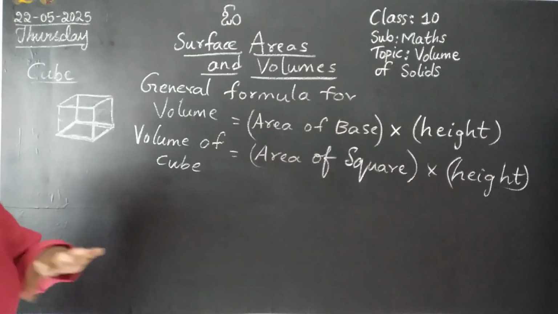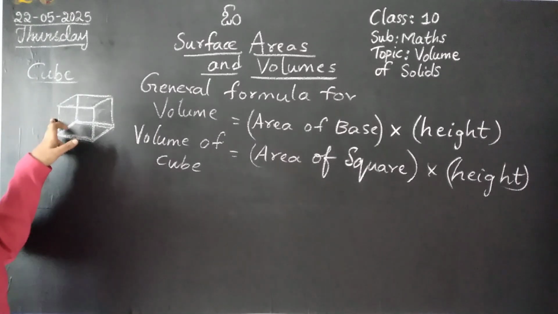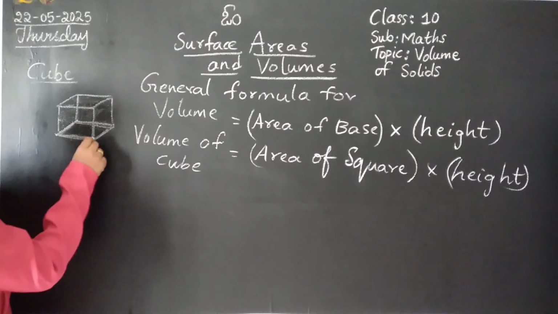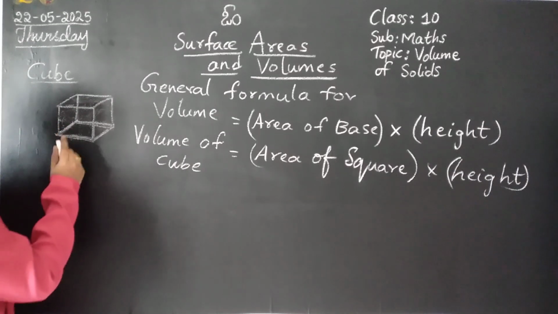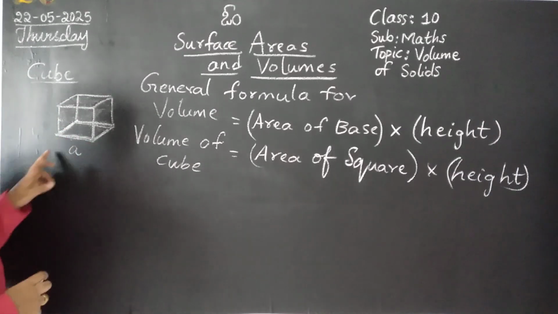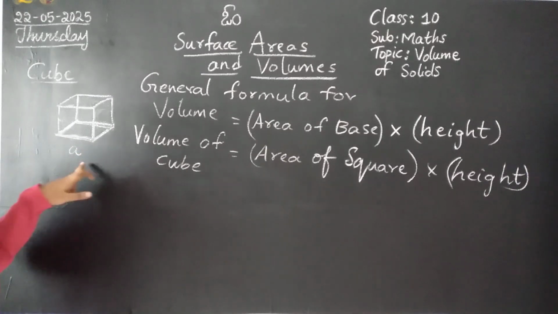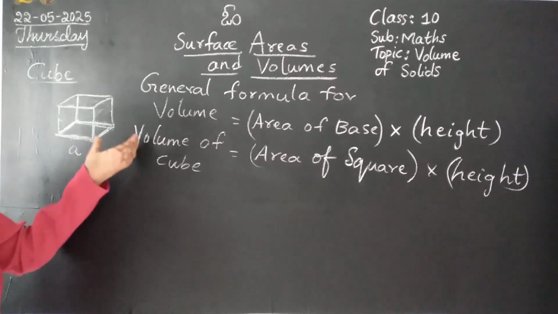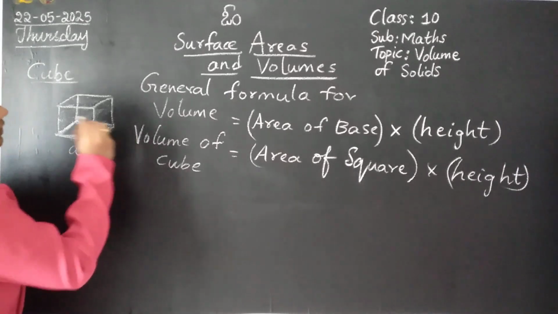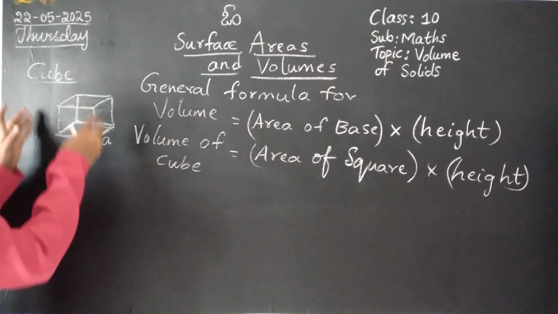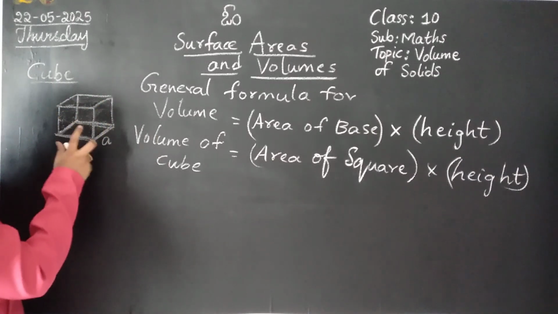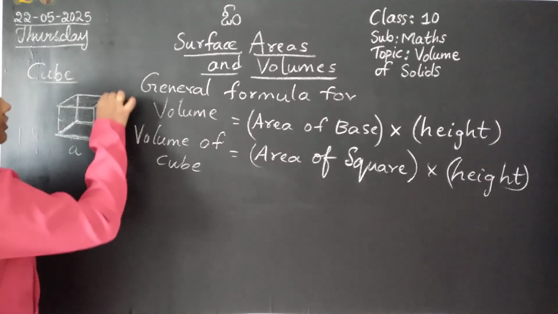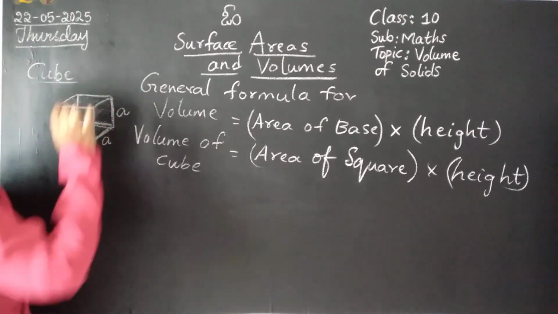In 9th class or 8th class you have already known the dimensions of the cube. We take the dimension of the cube and represent it with letter small a. So the length of the cube will be a. And as it is formed with squares, every side is a. In a cube, it is formed with equal squares, so the height of this cube is also a.